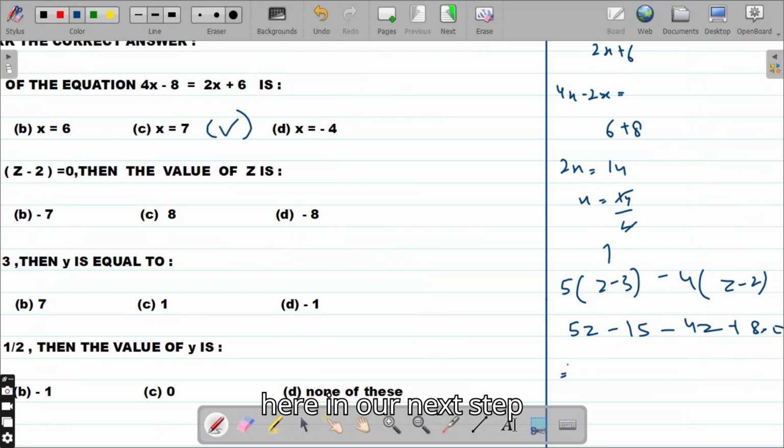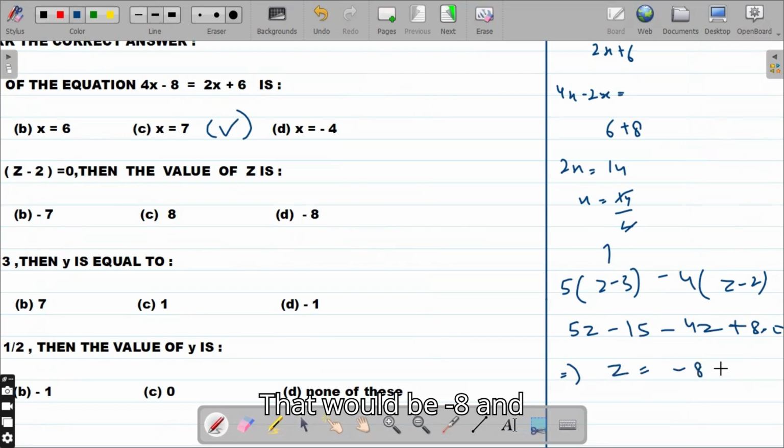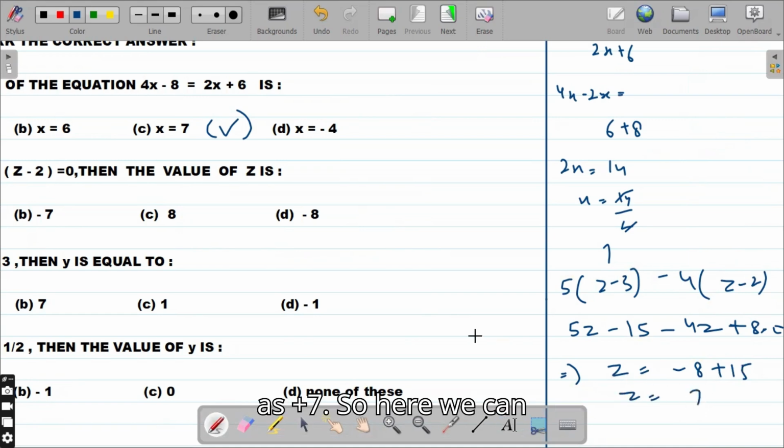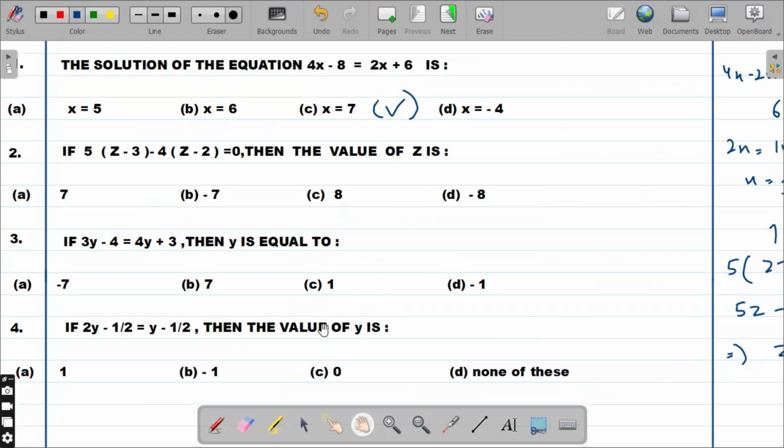So in our next step, 5z minus 4z would be z, and bring this 8 to the right hand side, that would be minus 8 and plus 15. So z will come out to be positive 7. So here we can say that the option for the second part is A part, 7.